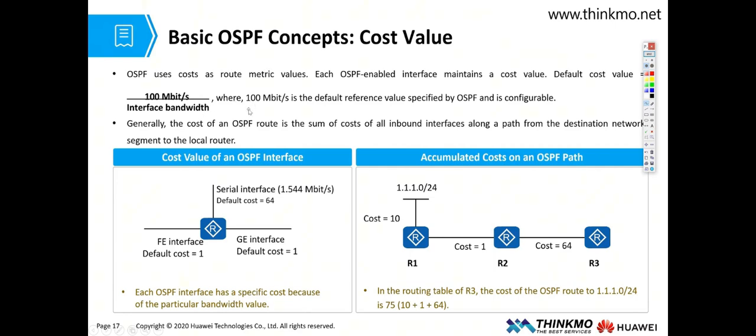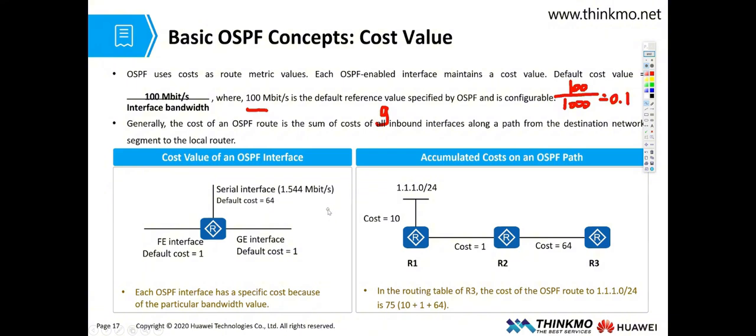For example, in Huawei, this bandwidth reference value is 100 Mbps. So, if the interface we connect in the future is a gigabit interface, which is 1000 Mbps, then the calculation would be 100 divided by 1000 equals 0.1. Now, in this process, if the result is less than 1, we take the value as 1. The default cost value for each interface is 1.